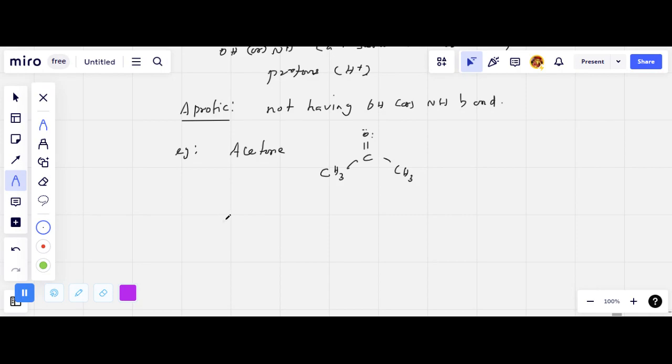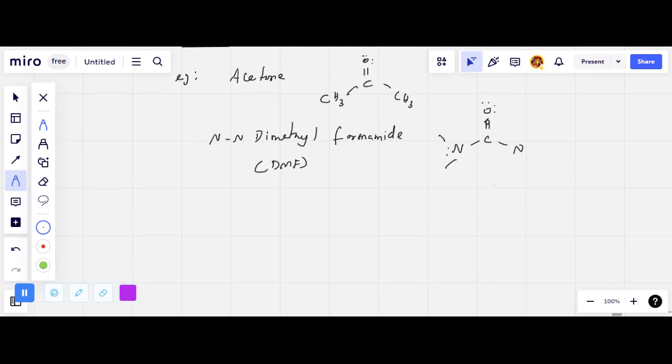So these aprotic solvents, you will study in twelfth. Another one, N,N-dimethylformamide. Simply we call it DMF. Okay, DMF. So DMF has N, C double bond O. Okay, so this structure will be like this, it's O. So DMF is also aprotic.